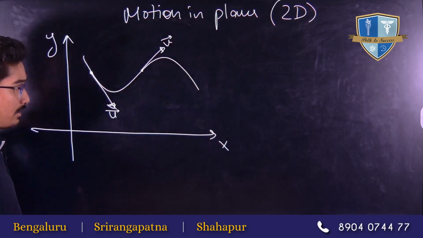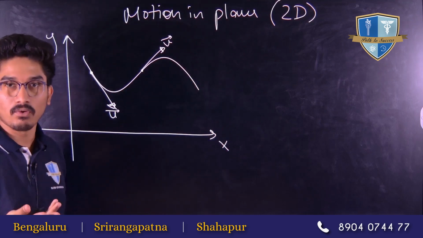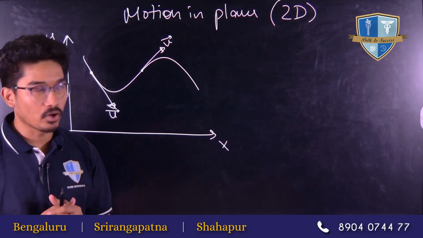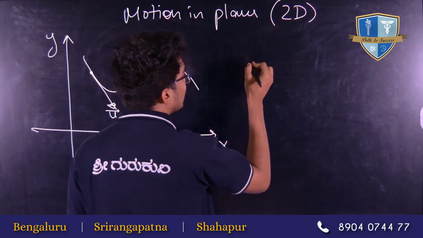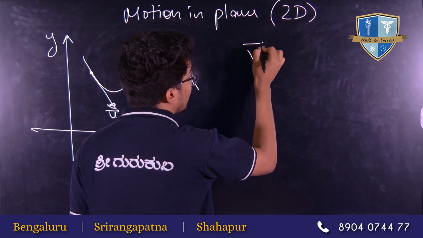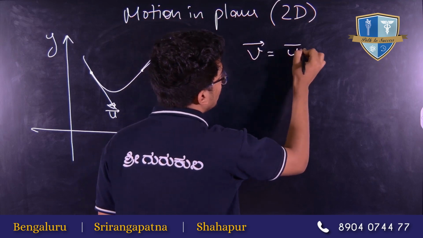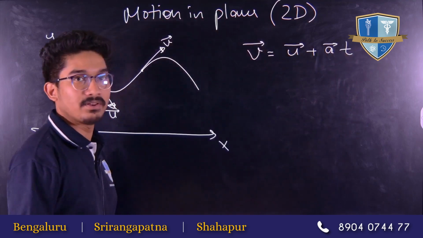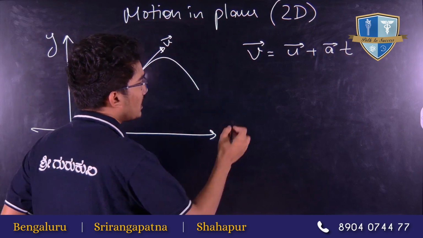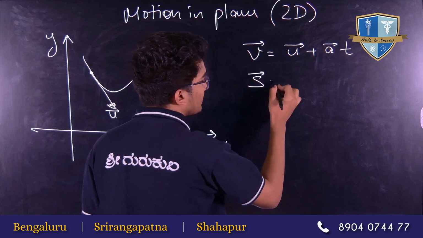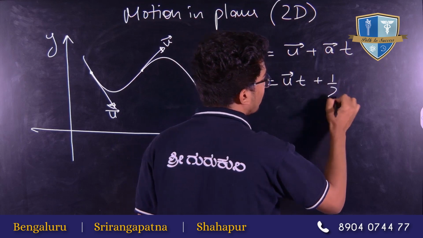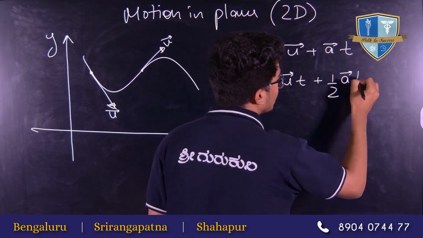If everything is given in vector form, for example i cap, j cap, then we will use these three motion formulas. v vector is equal to u vector plus a vector t. S vector, the displacement vector, is equal to u vector t plus half a vector t square.